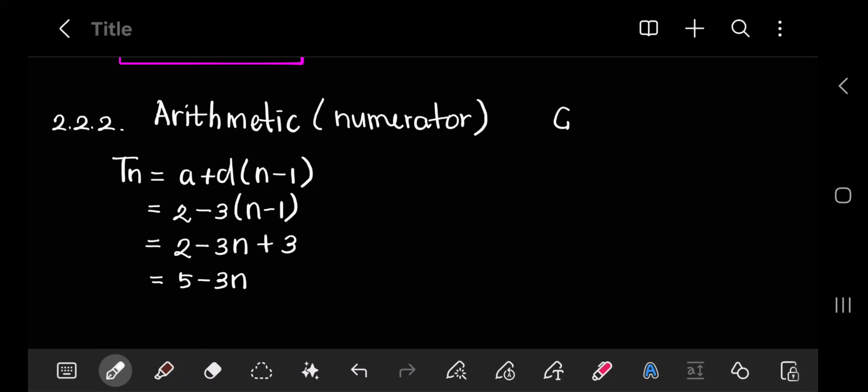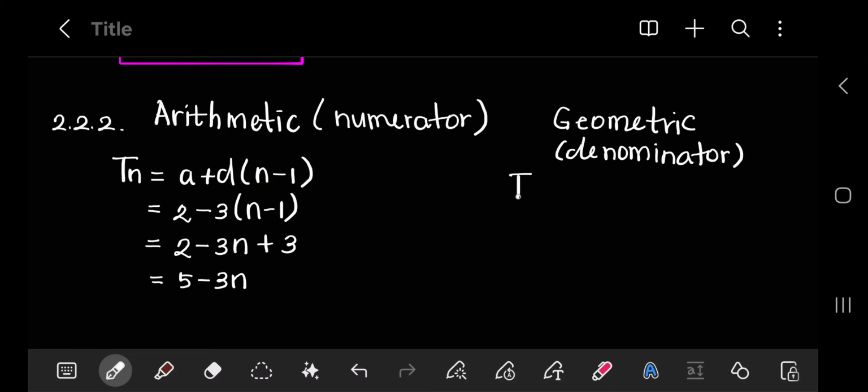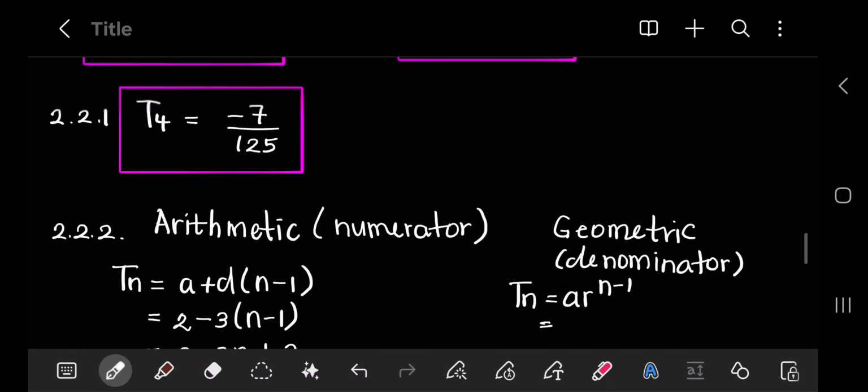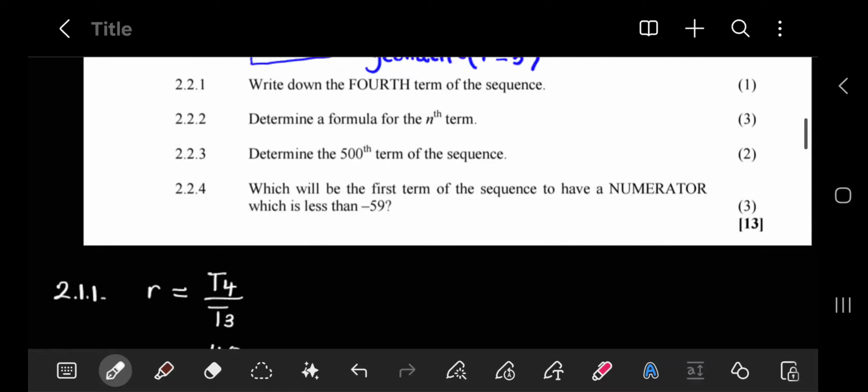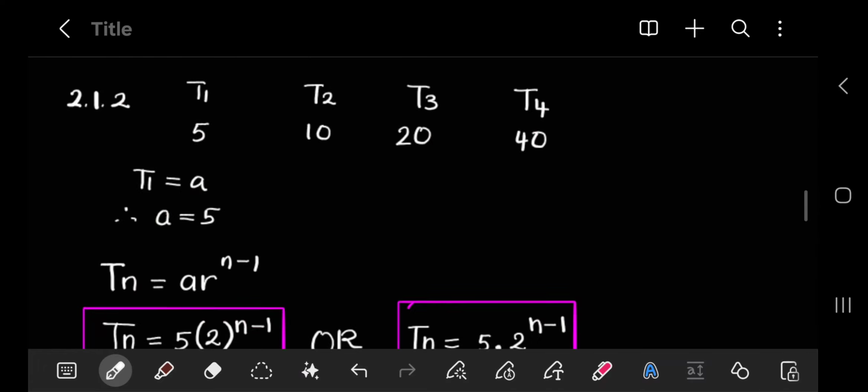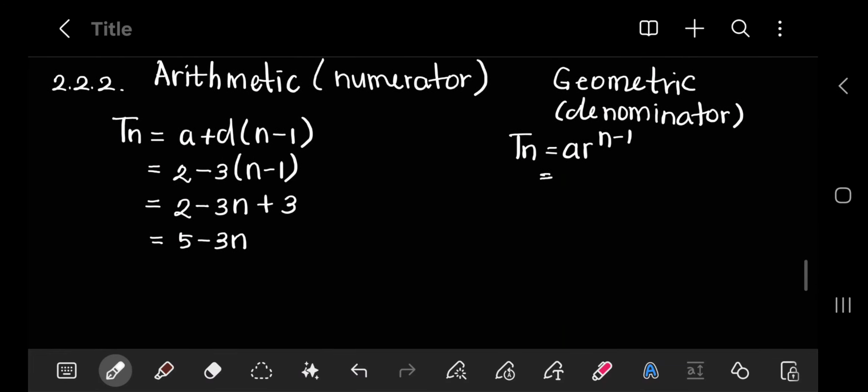Now, focusing on the geometric, and remember that goes in the denominator. That is in the format Tn is equal to ar to the power n minus 1. Now I just want to go back up to check what the first term was. Okay, it was 1. So a is 1, r is 5.